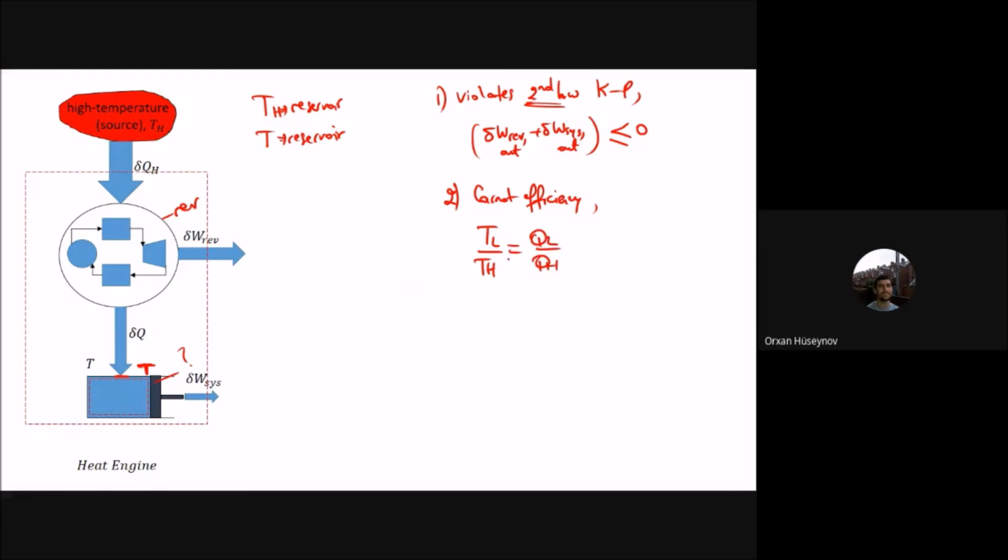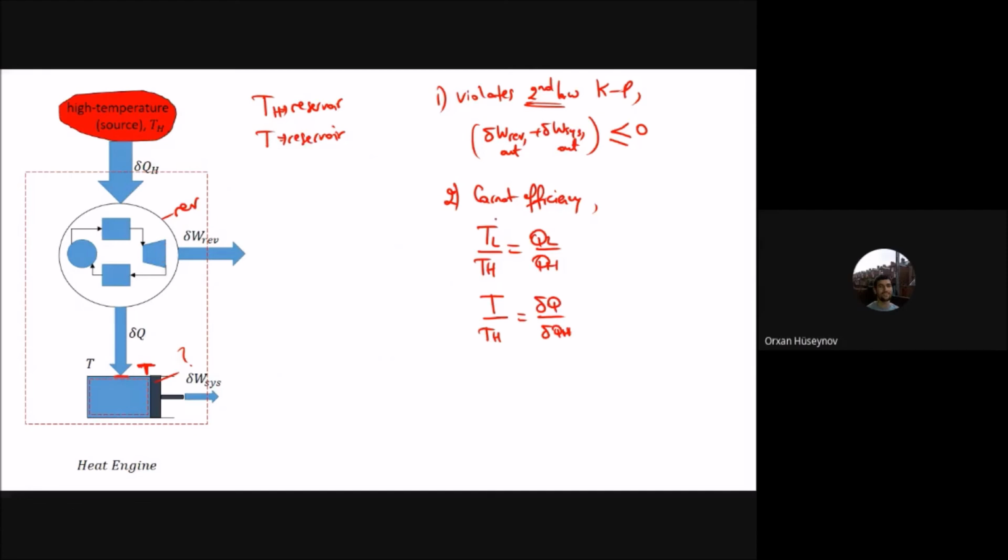I will use this one. For this process here, you will have that T divided by TH should be equal to del Q out divided by del QH. This is the process for this one.